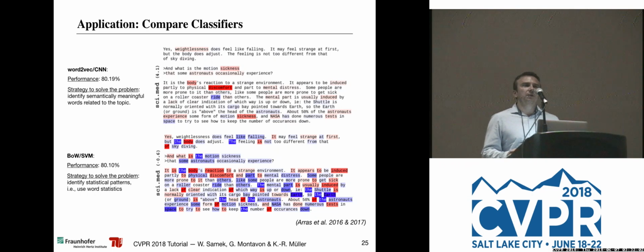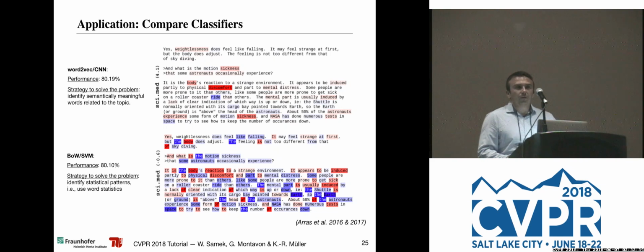In terms of errors, both methods are more or less the same, but in terms of strategies, the word2vec model identifies semantically important words and focuses on these words to classify the document as a specific topic. For example, in this case, this is a text about medicine, and it identifies words like discomfort, body, sickness, and so on to classify this text according to this category.